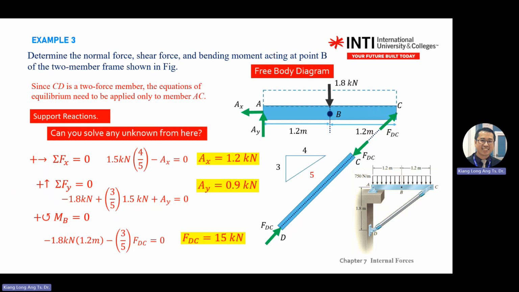FDC I get 1.125, or okay, it should be 3 over 5.